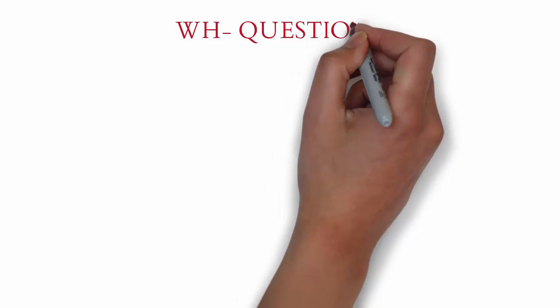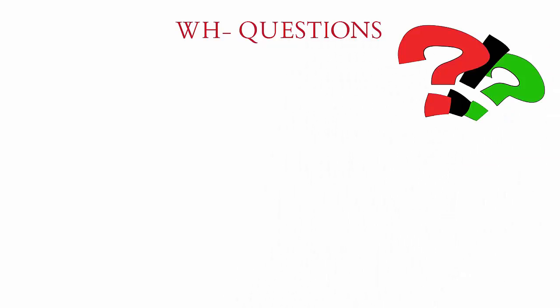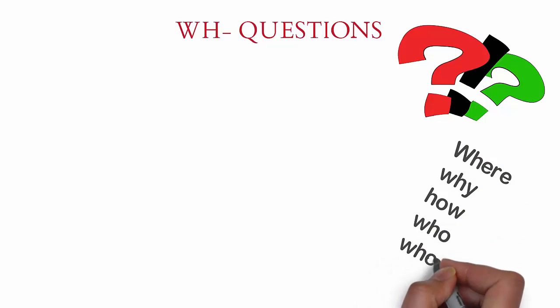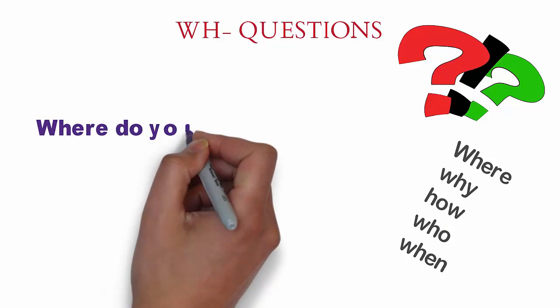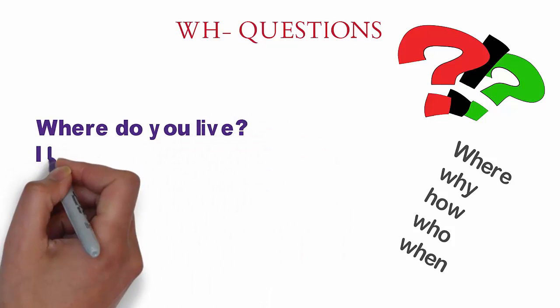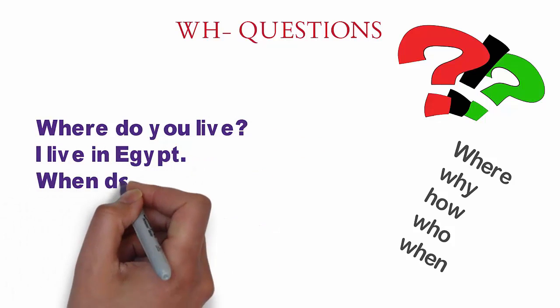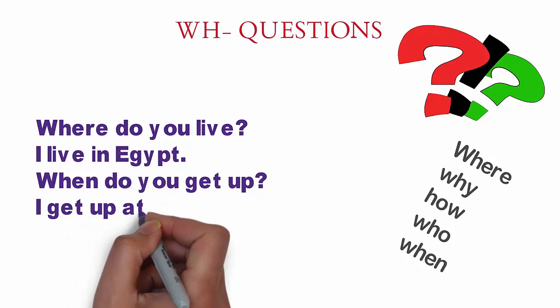Okay. Double H questions, and we mean by double H questions those questions that start with where, why, how, who, when, okay, not just do or does. So, for example, where do you live? I live in Egypt. When do you get up?